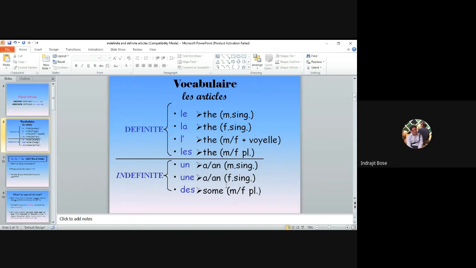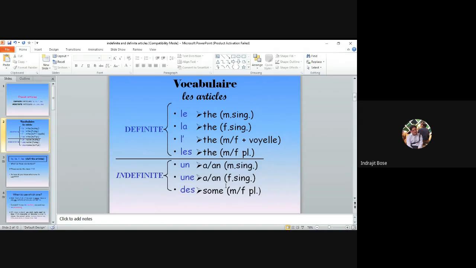L apostrophe represents masculine or feminine when there is a vowel after that, because I think you know the rule in French that two vowels cannot come face to face with one another. So if we have a word beginning with a vowel after le or la, both have a vowel at the end, so we put L apostrophe.